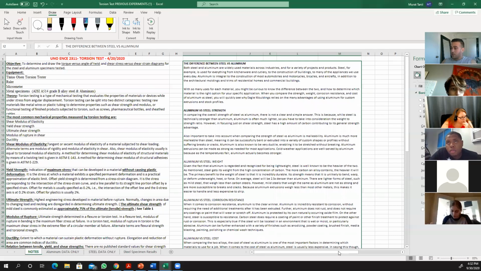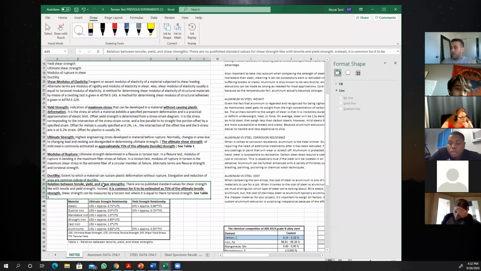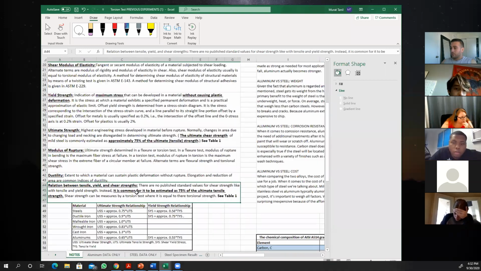If you read this section, there's a connection between the tensile yield strength and the shear strength. There are no published standard values for shear strength like with tensile and yield strength. Instead, it is common for it to be estimated as 75% of the ultimate tensile strength.